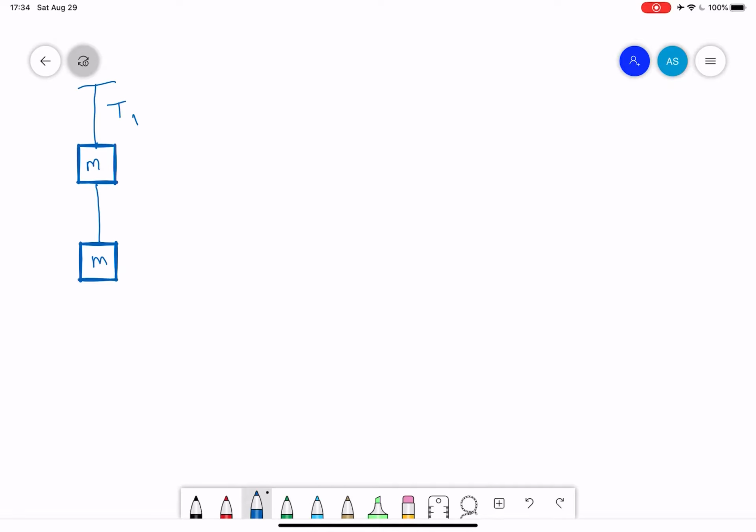This is our tension 1. Here we have tension 2, and the elevator is moving upwards with an acceleration. Correct? Now the acceleration here is equal to 1.6. Then the mass is equal to 3.5 kilograms.